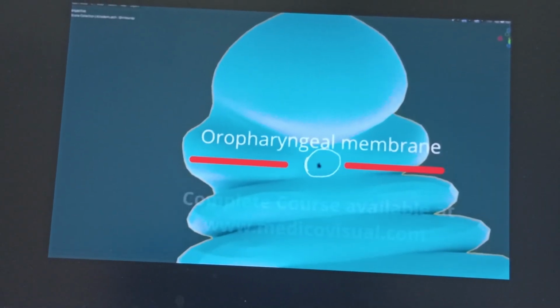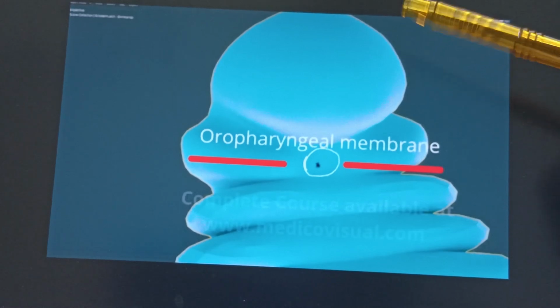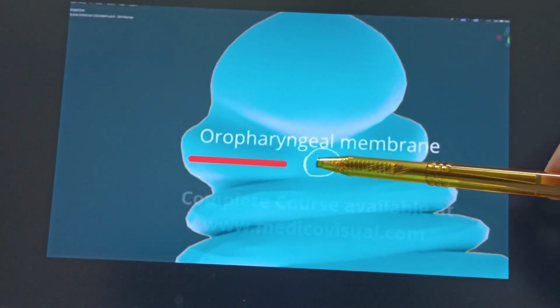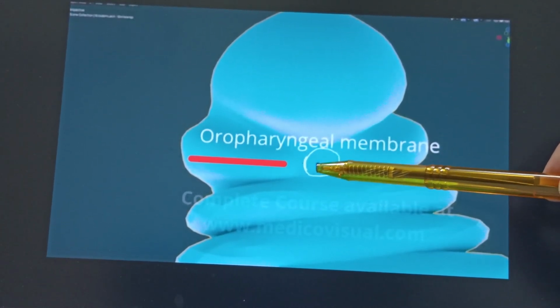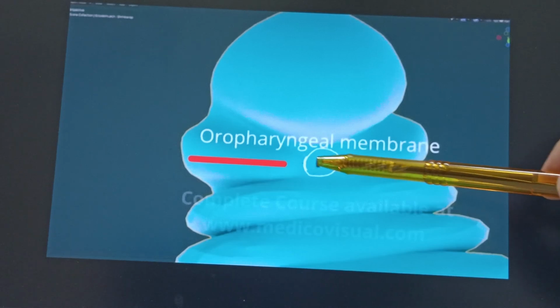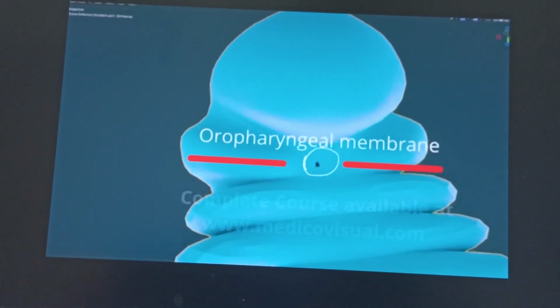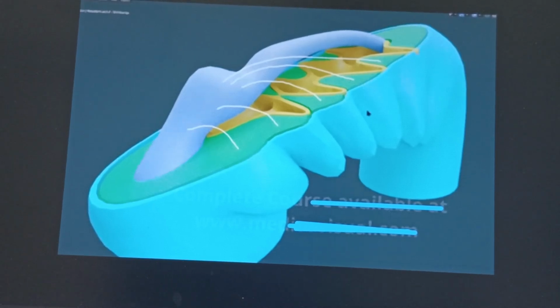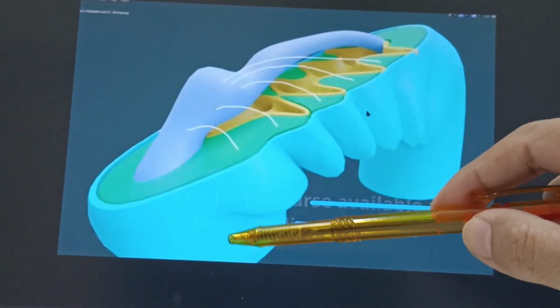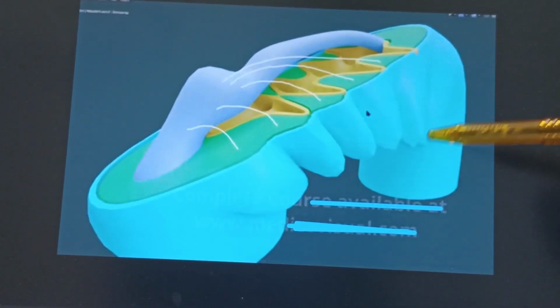When we view the embryo ventrally, in the very center we can see the stomodeum, and the membrane covering it is called the oropharyngeal membrane. In this view, this is the cephalic end and this is the caudal end.